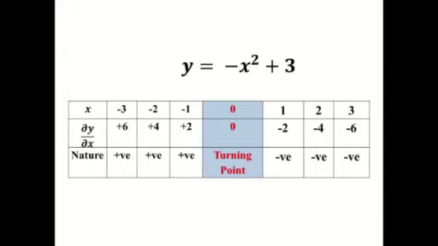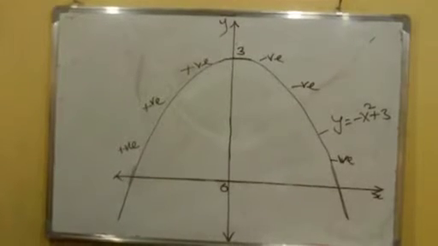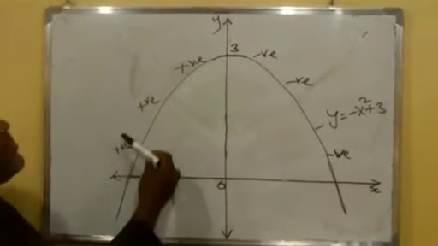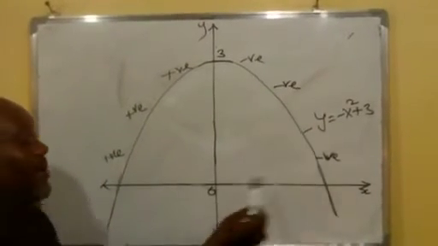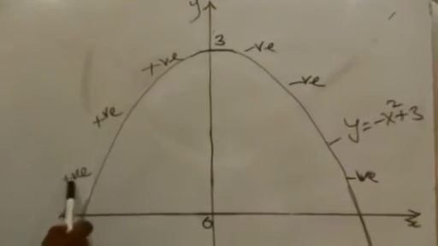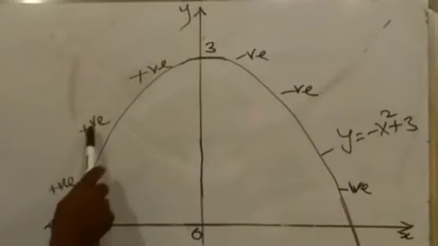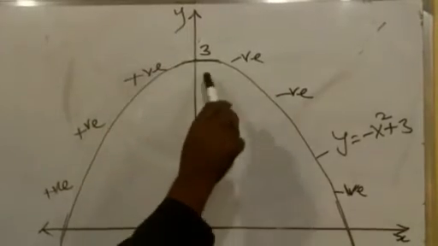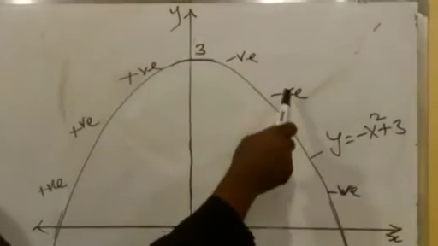So we realize again that this gradient is coming from positive, positive. Then when it gets here, this 0 represents our turning point. Okay, this is the graph of that very point we drew earlier. We will see that this side is positive, then it turns to negative, negative, negative.